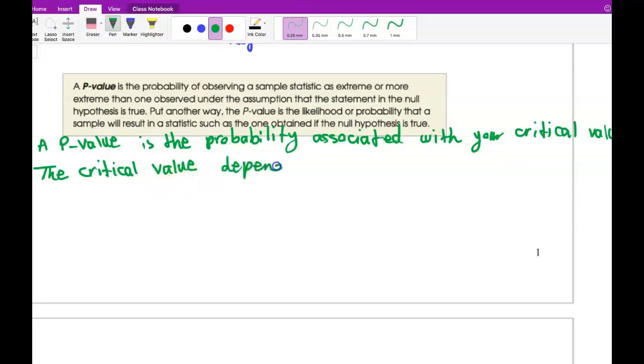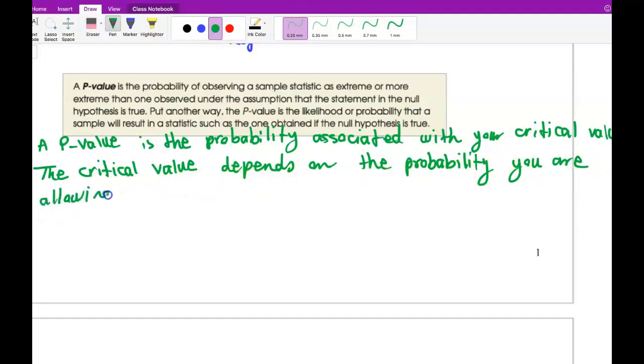So that depends on type 1 error, which was from the previous section.